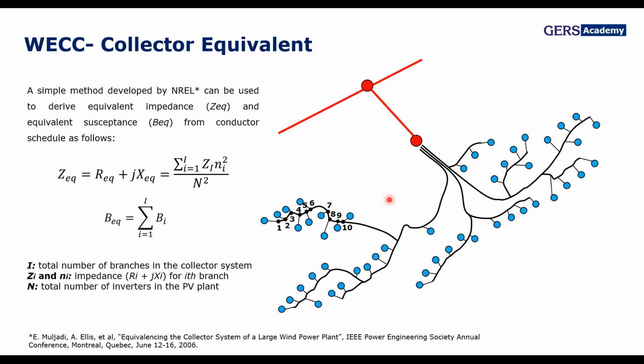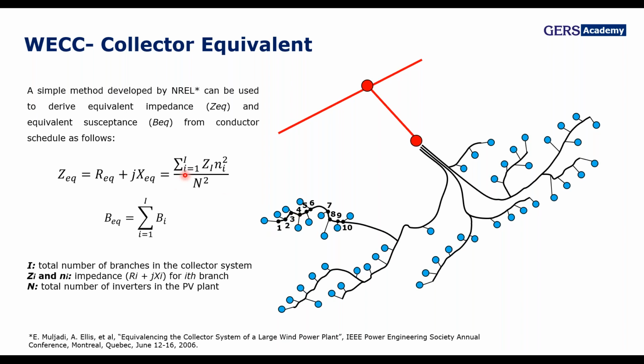For the collector, I would like to talk about this one because it's very relevant and very important to the model. NREL suggests a simple method to get an equivalent for the resistance and reactance, and it depends on the amount of power that is sent through each of these sections.